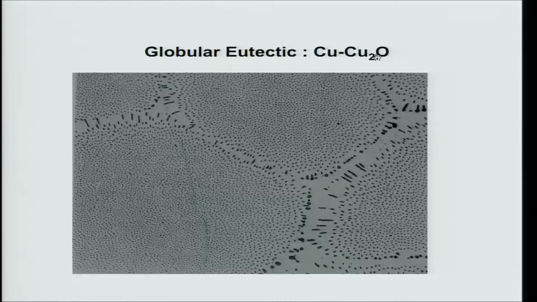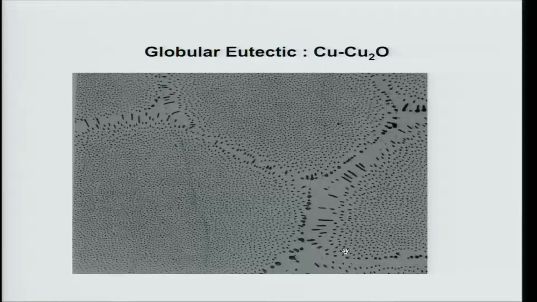Here Cu is basically looking like a continuous grey color stuff, but these black dots are actually globules of Cu2O. You can see they are formed as a grain structure, okay, I have shown you earlier. This is one grain, this is another grain, this is another grain, like that. So, they are actually looking like a globule, not like a rod.